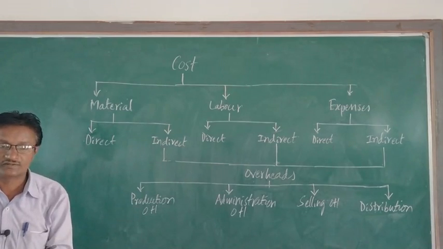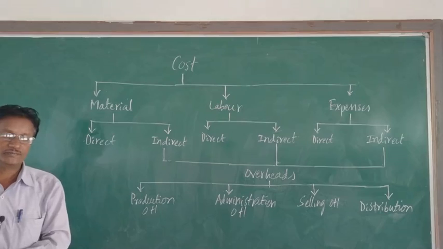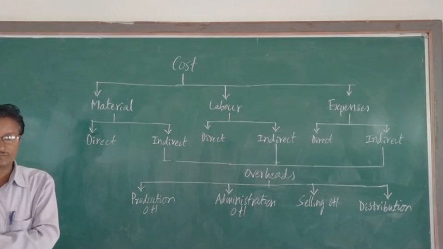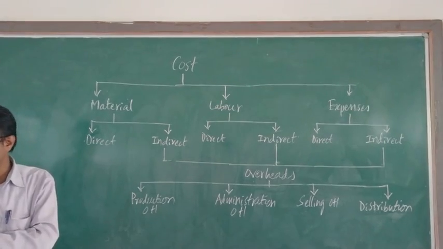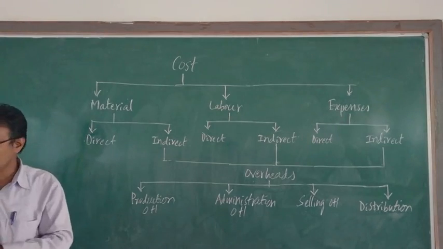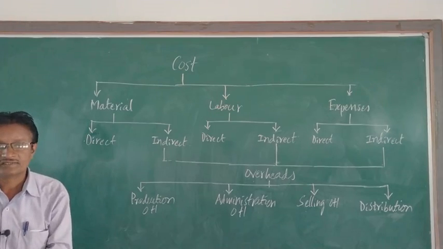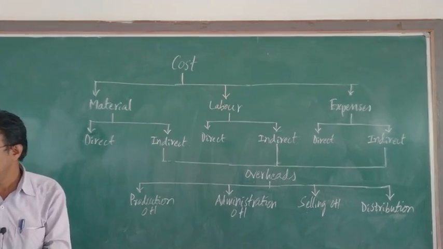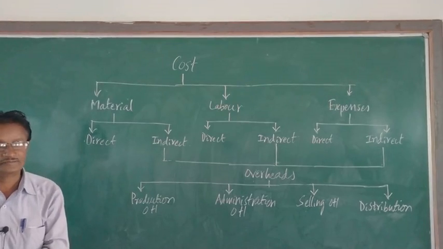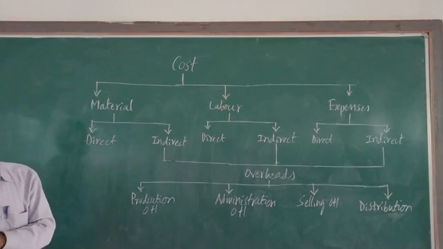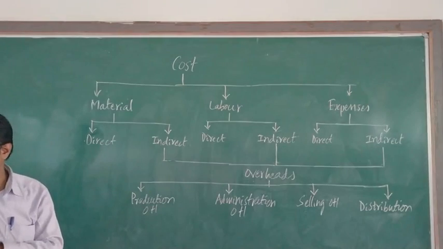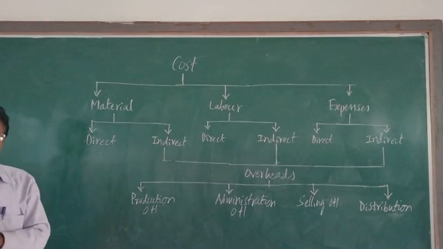Therefore, fixed cost is the cost which remains unchanged with the increase or decrease in the volume of output. For example, rent and rates of building, salary of works manager, depreciation of building, insurance, etc.